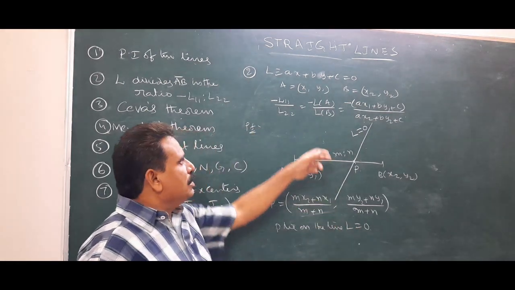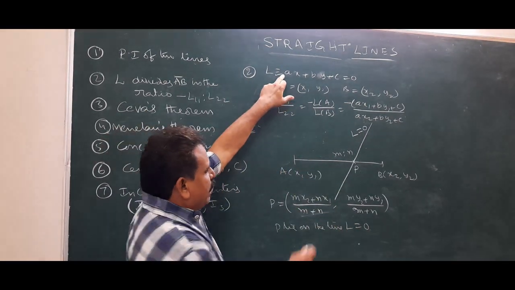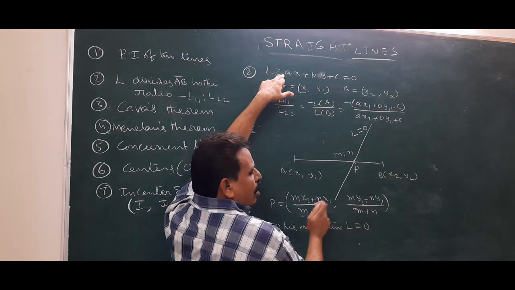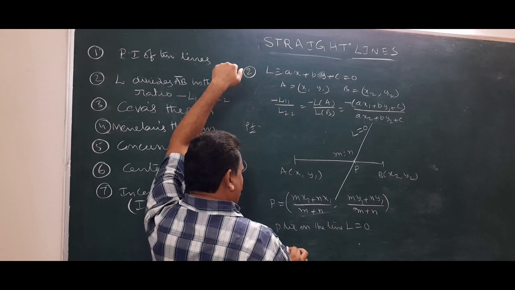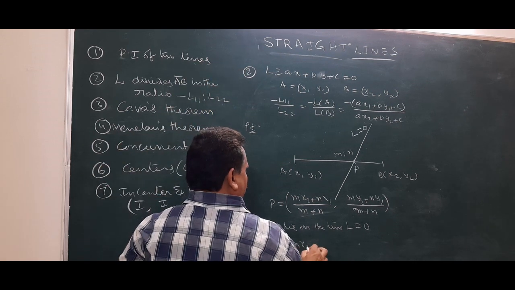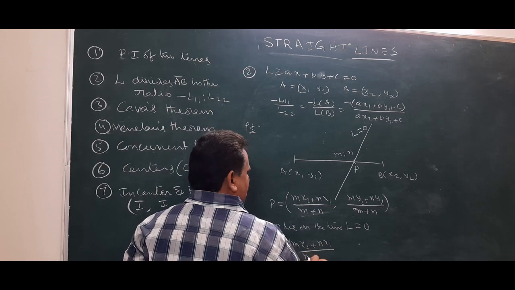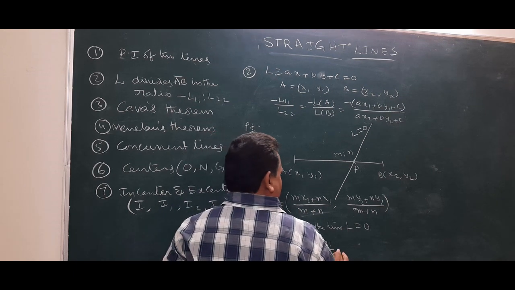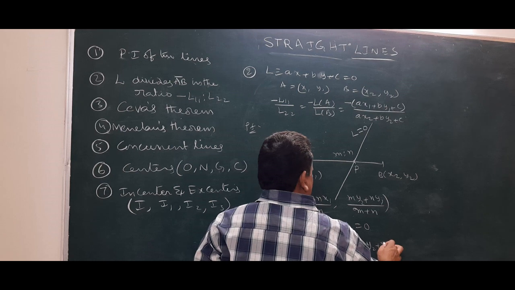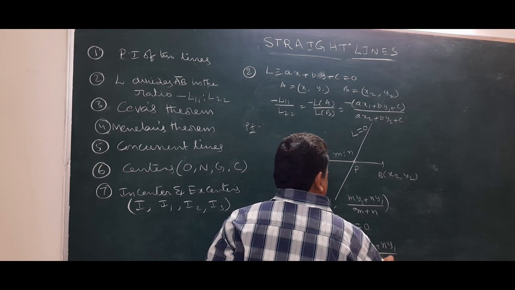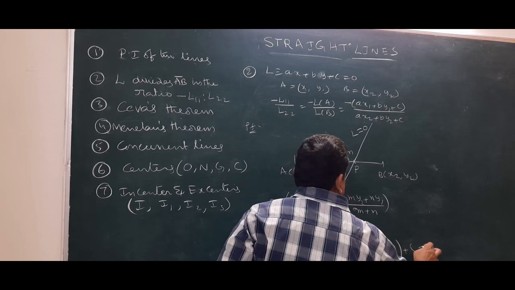Substitute this point in this line. x is this, y is this. You have to write down these values in this line. We get a into (mx2 plus nx1) by m plus n, plus b into (my2 plus ny1) by m plus n, plus c equal to 0.